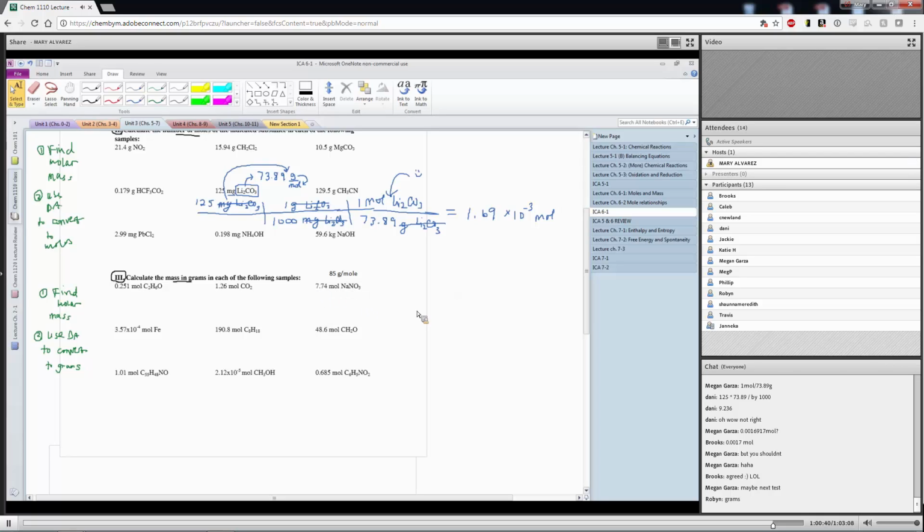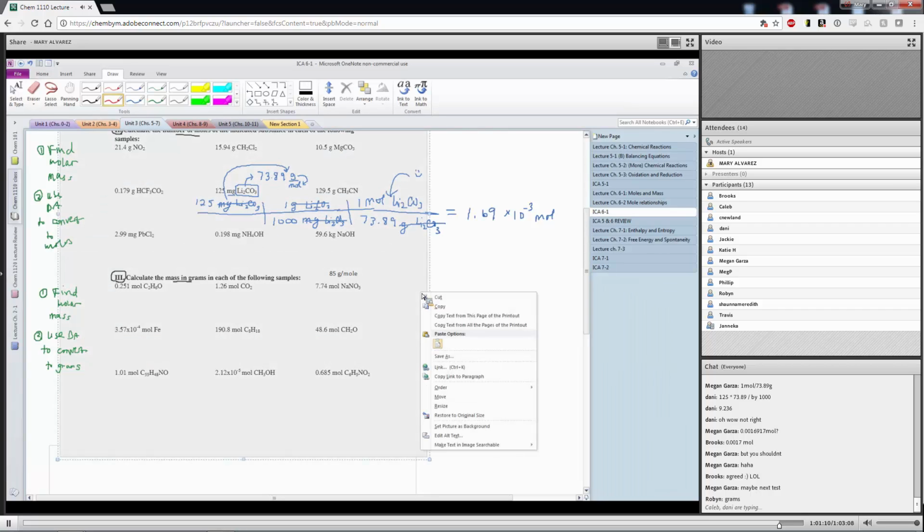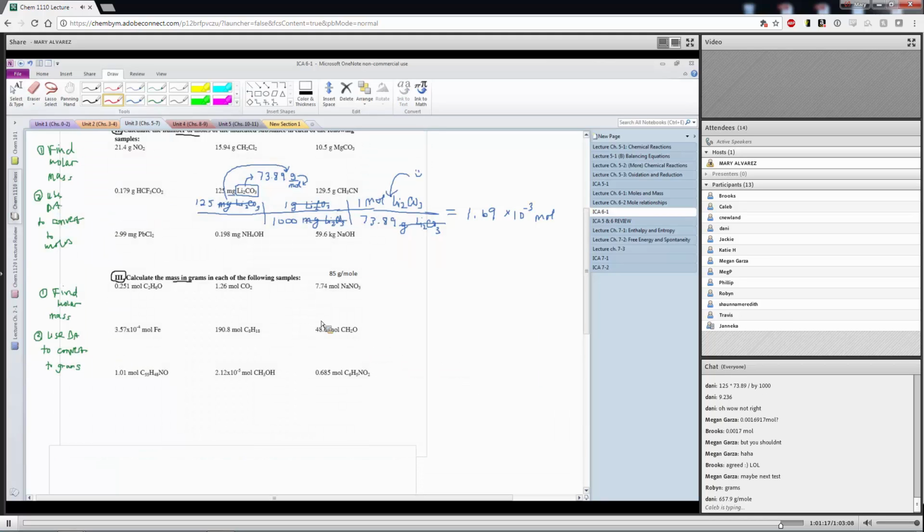How am I going to set that up? Oh, Annie just went straight to the answer. And she got it right too. We said 7.74 moles NaNO3. And then to do this dimensional analysis style, we want grams on top.